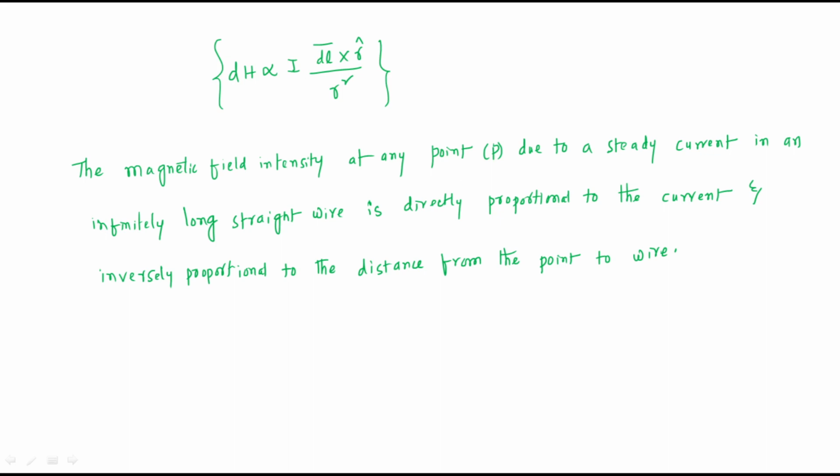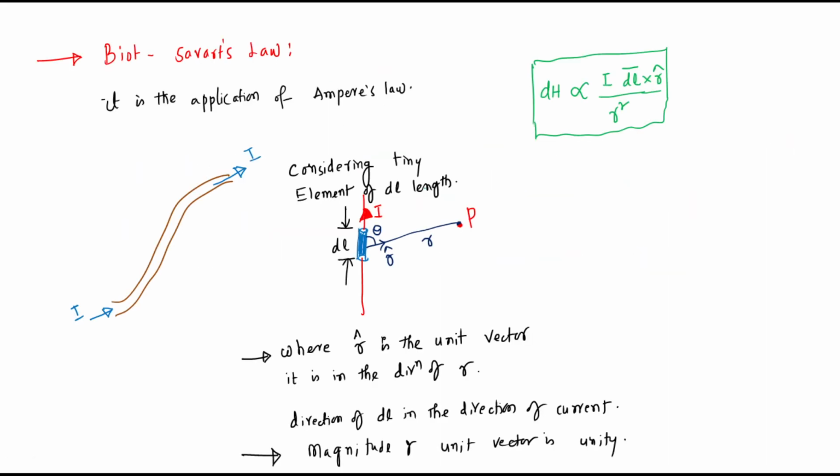So dl cross r cap: dl is in the direction of current, and r cap is in the direction of r. The magnitude of a unit vector is 1. To handle this cross product, we introduce the sine term, because the angle between the current element and the unit vector is theta.